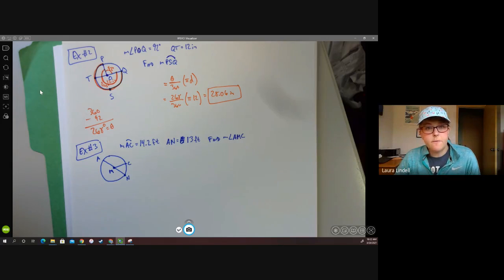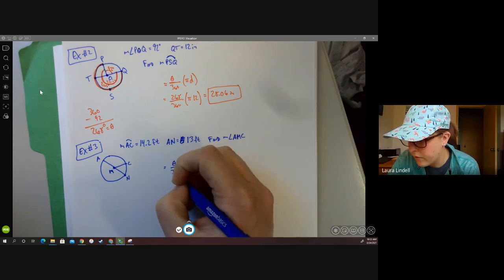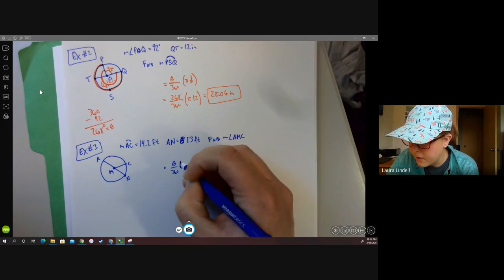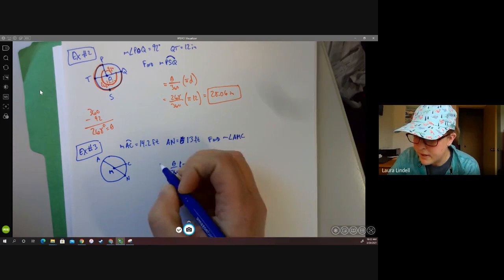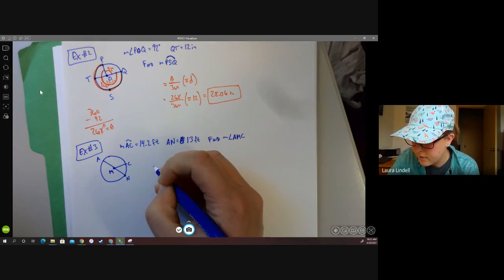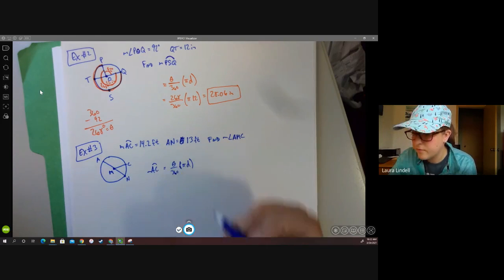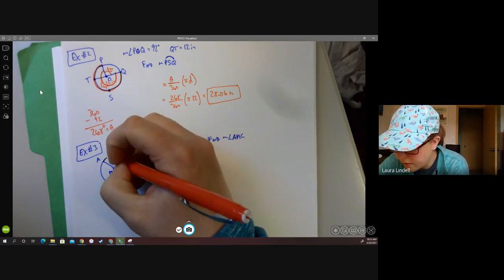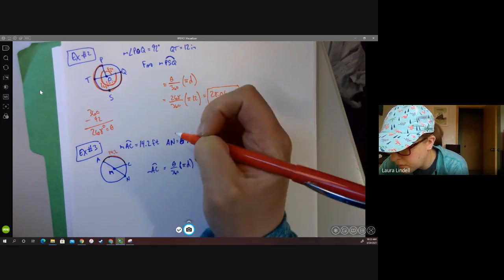So this time we're given different information. We have an arc length, we have the diameter, but we're looking for that central angle. So we're still going to use that same formula, theta over 360 times pi times diameter, but that's equal to our arc length. We know that this length here is 14.2.